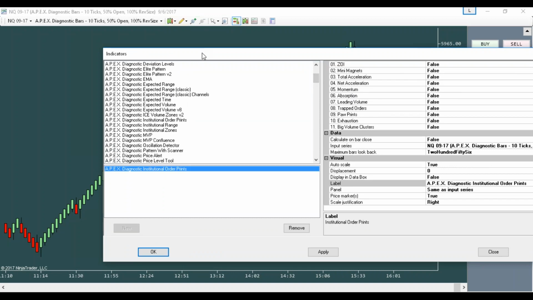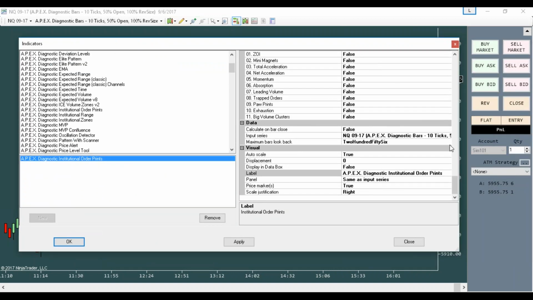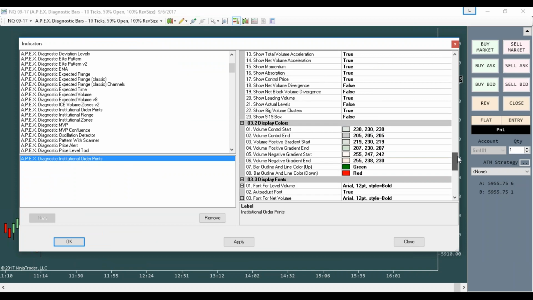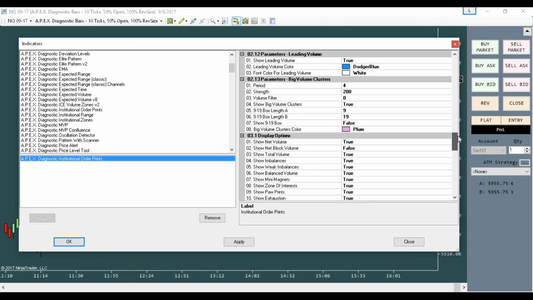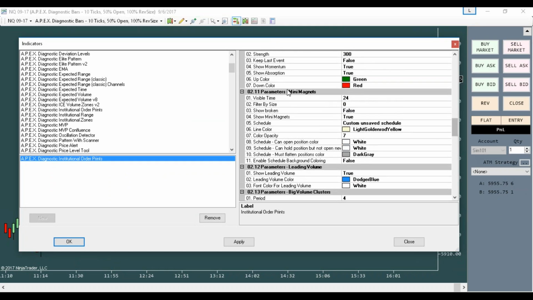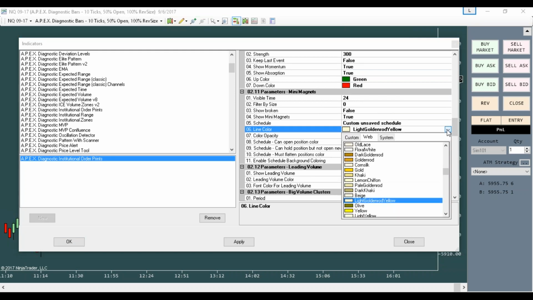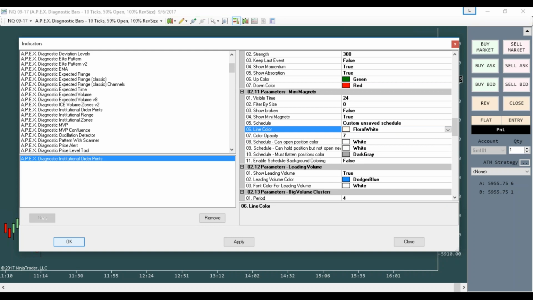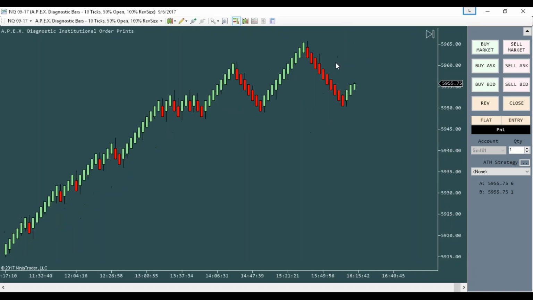Okay. I can go right here and look up here and find mini magnets. Mini magnets. Line color, yellow. I can change that to whatever color I want it to be based on my chart. Okay. And then save it, or whatever color I want, and hit OK. And then, you know, order prints will start printing on my chart after.